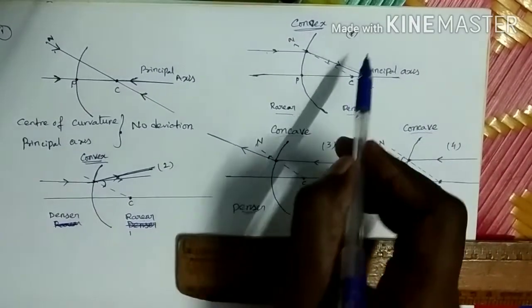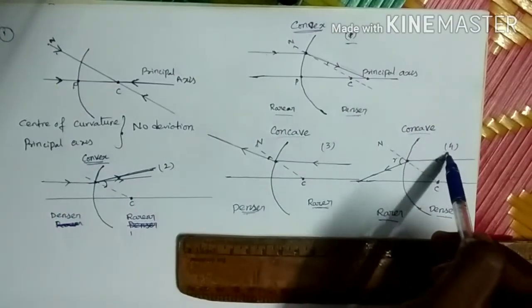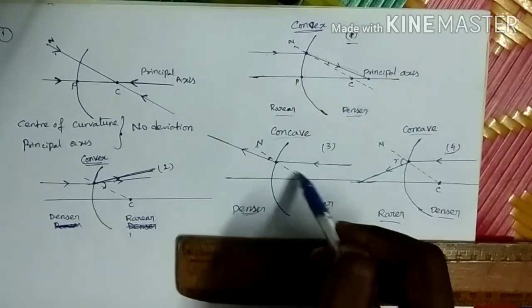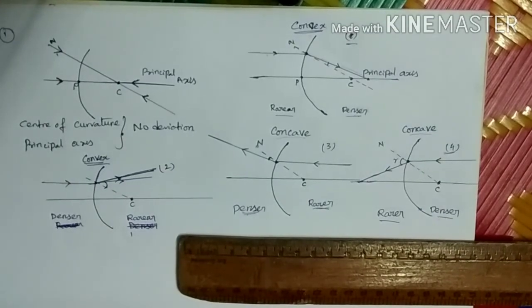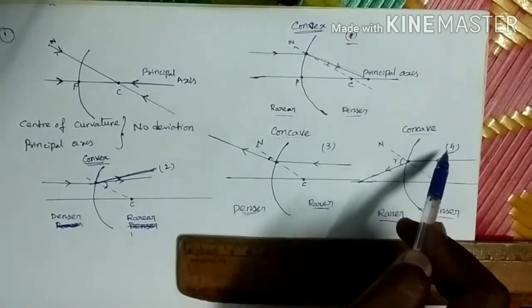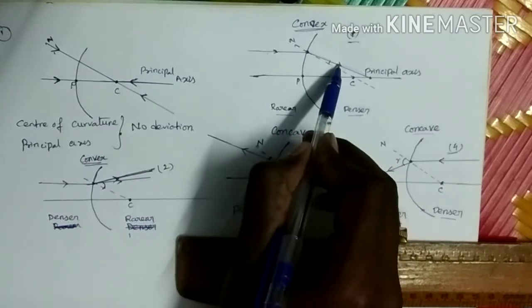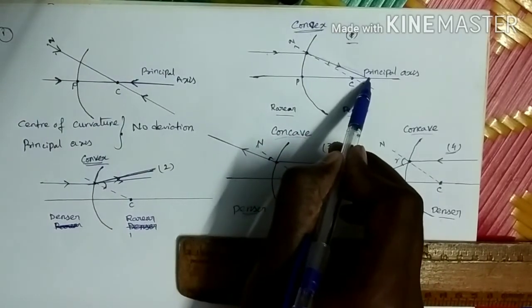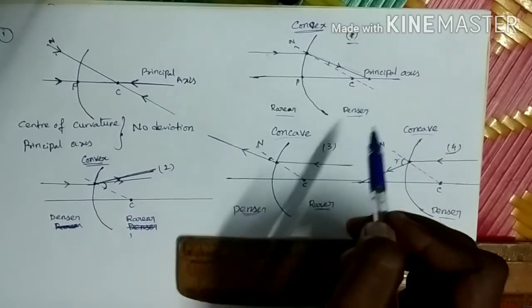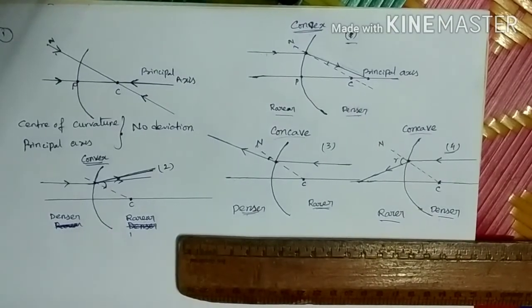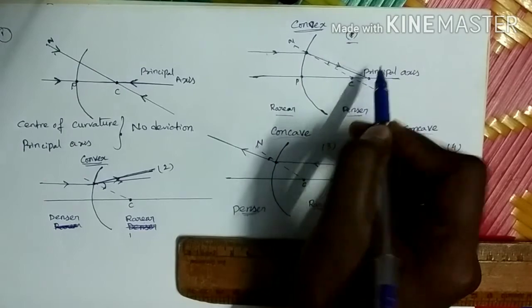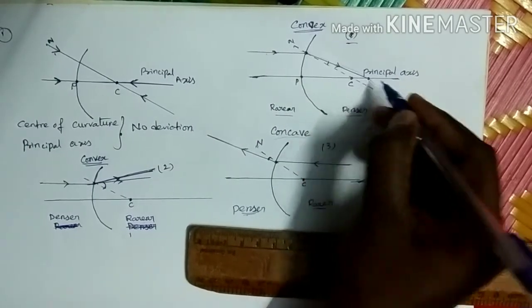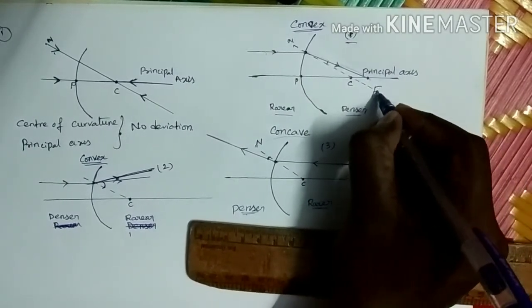You can observe that the first and fourth ray diagrams are the same, and the second and third ray diagrams are the same. In the first and fourth ray diagrams, the refracted rays touch the principal axis at one point. I said I would tell that later. When the refracted rays touch the principal axis at one point, that point we call the focal point.